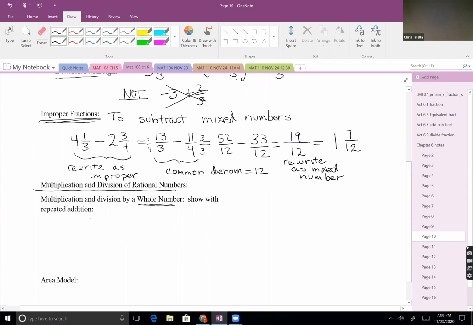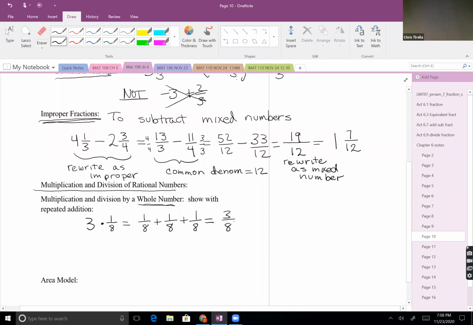So for example, if I have 3 times 1/8, that would be 1/8 plus 1/8 plus 1/8, or I'd be adding 3 of them together, and that would give me 3/8.